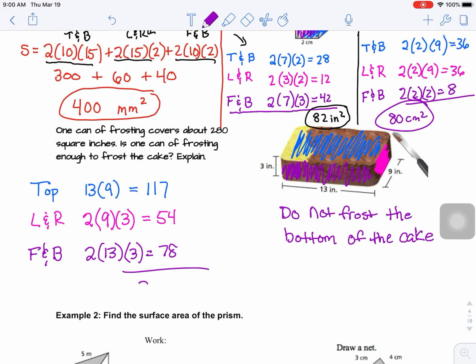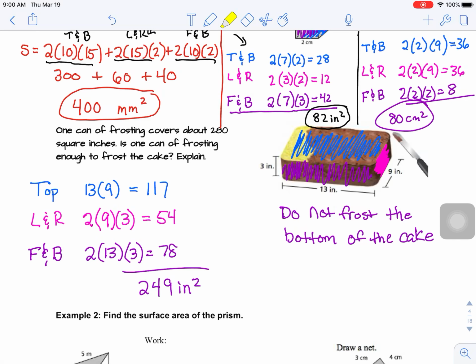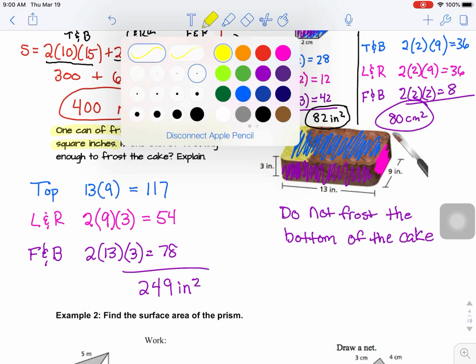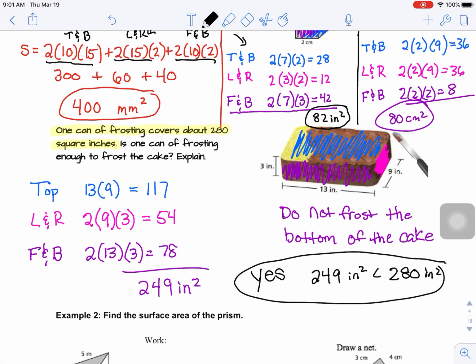If we add these pieces together, it's 249 inches squared. So if 1 can covers 280 square inches, is 1 can of frosting enough? Yes, because 249 is less than 280 inches squared. So we have enough.